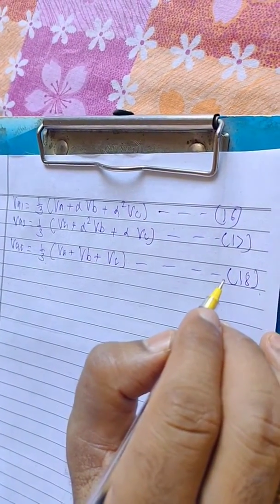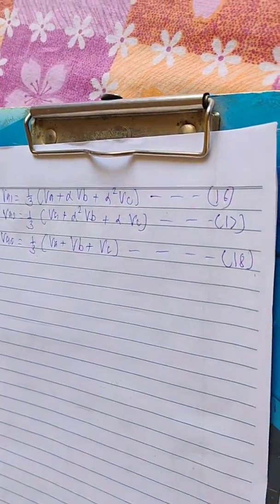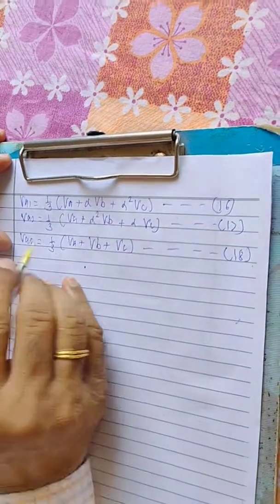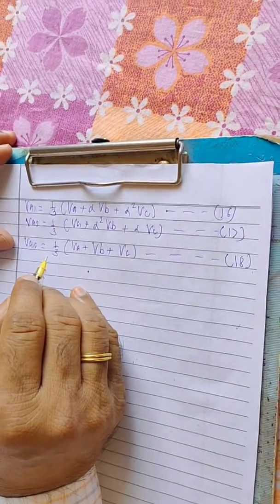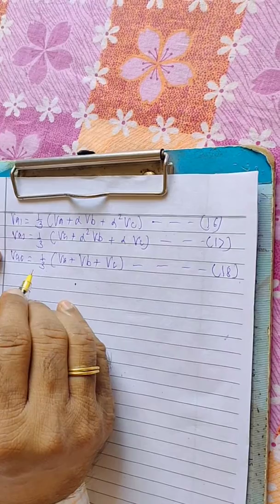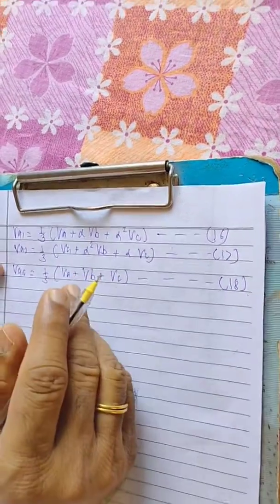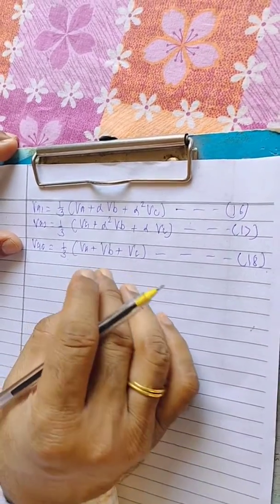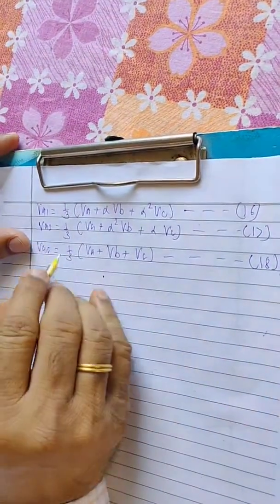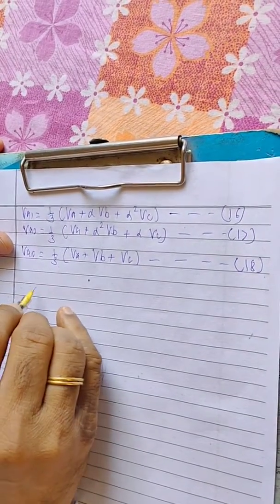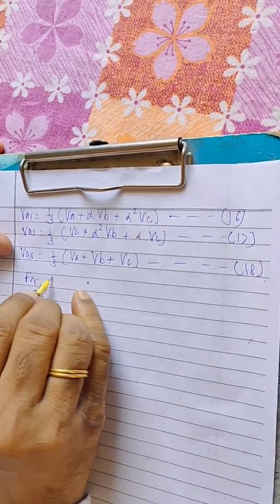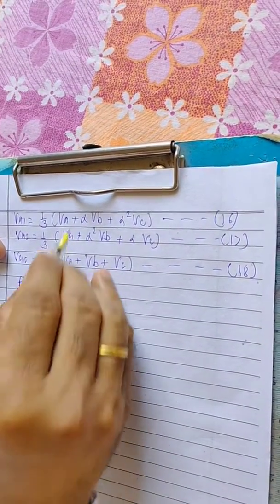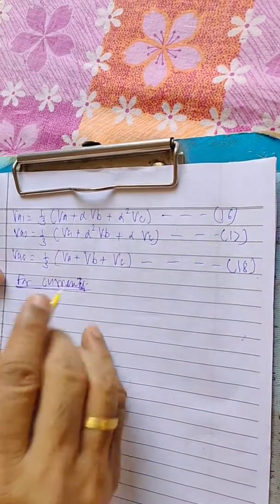So from the above, the symmetrical components can be determined from the original voltage phasors. Now these equations for voltages can be applied for the currents also.